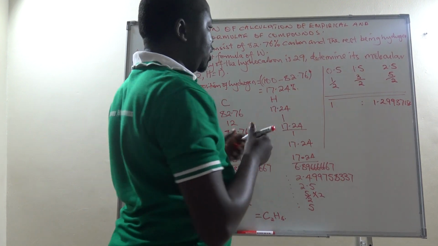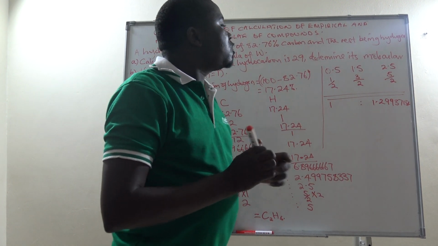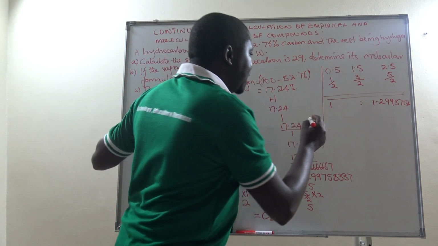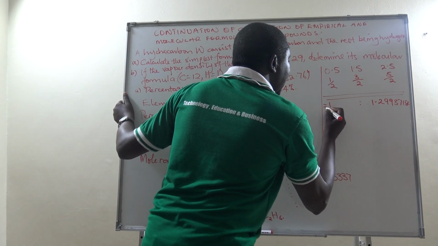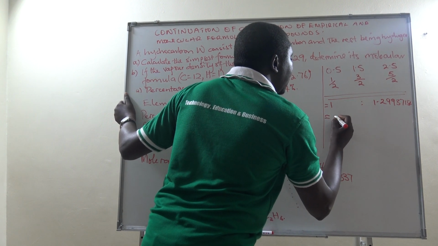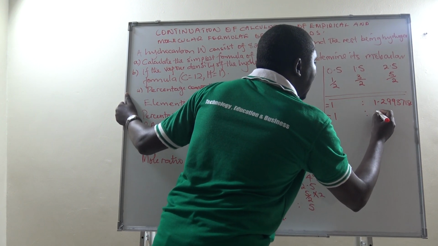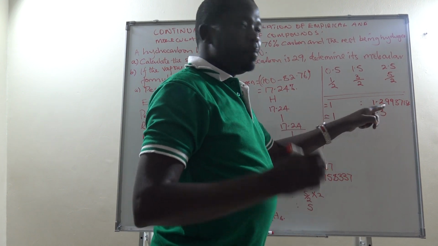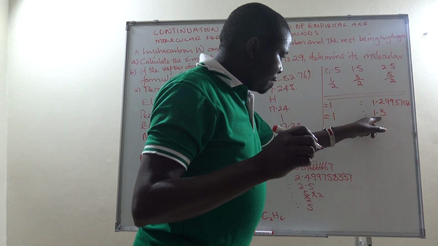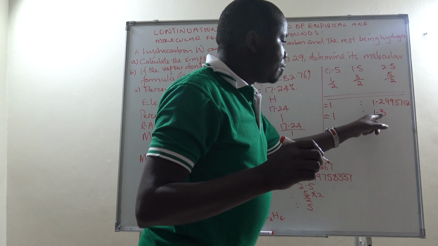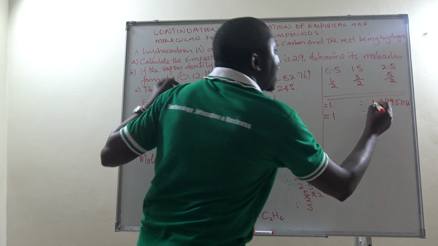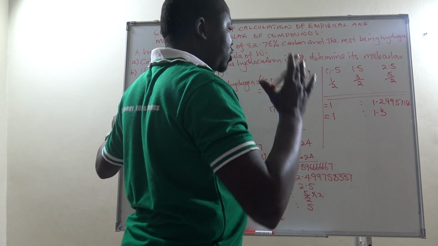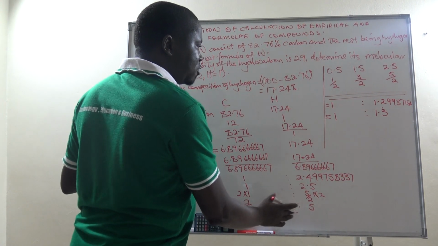If this was our ratio, still we are going to convert this one here into a fraction, but firstly, if this one is our mole ratio, we shall round off to 1 decimal place. This one becomes 1.3. Now, if it is a 0.3, make sure that you get a fraction which corresponds to the 0.3, but make it be a recurring decimal.